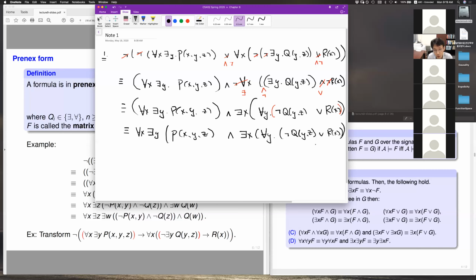It will transform the formula into an equivalent formula. So we will replace this exists x by x prime, this universal y by y prime. So this y, which is bound to the universal quantification, will be replaced by y prime. X bound to this existential quantification will now be x prime. After this replacement, this formula p no longer contains any of the quantified variables on the right-hand side, so it can move inside.